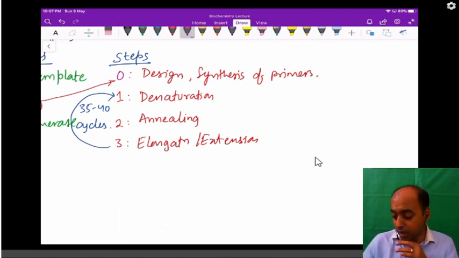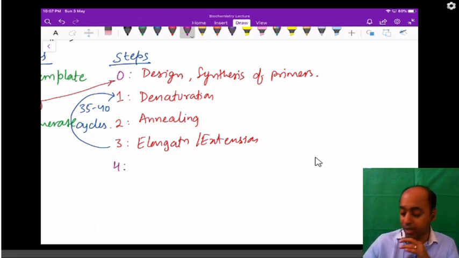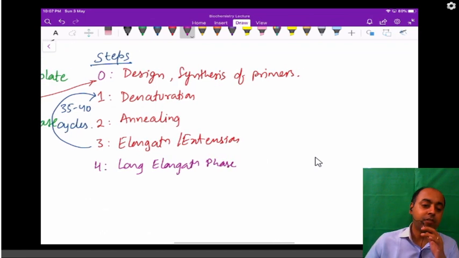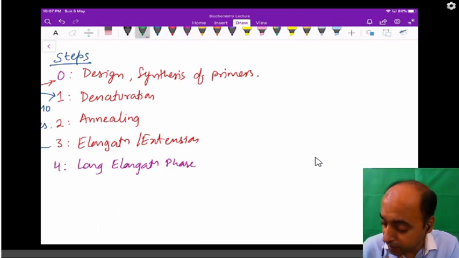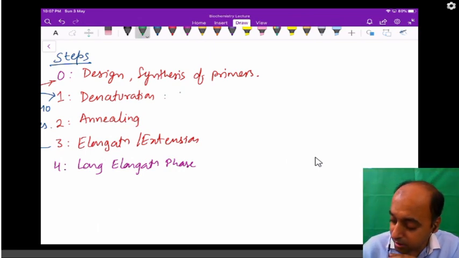Please note, after completing the required number of cycles, we have what is known as a long elongation phase. The time frame for each is slightly different. The denaturation occurs at 94 degrees Celsius for about 15 seconds.